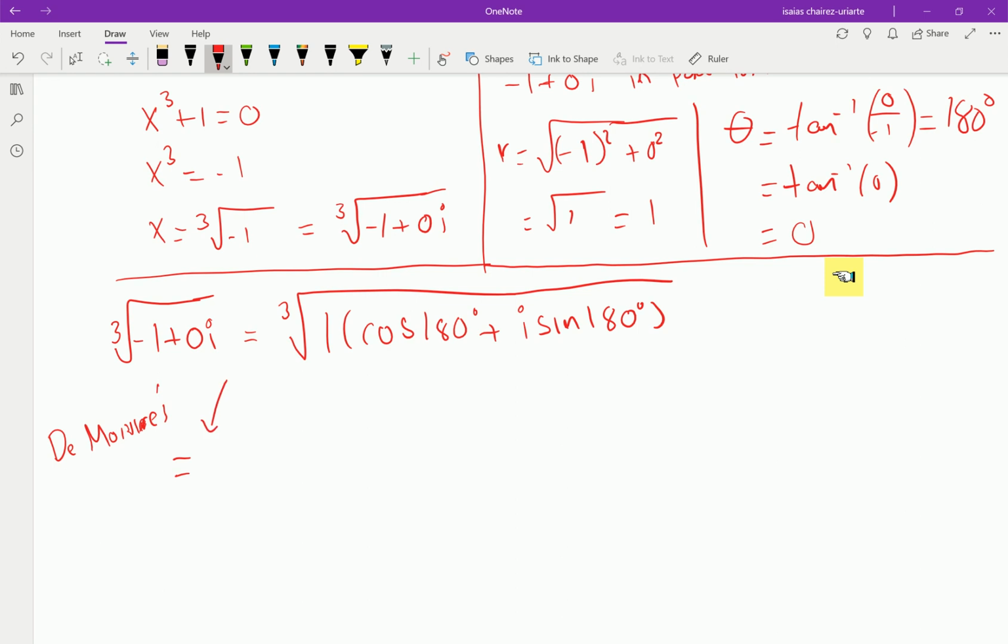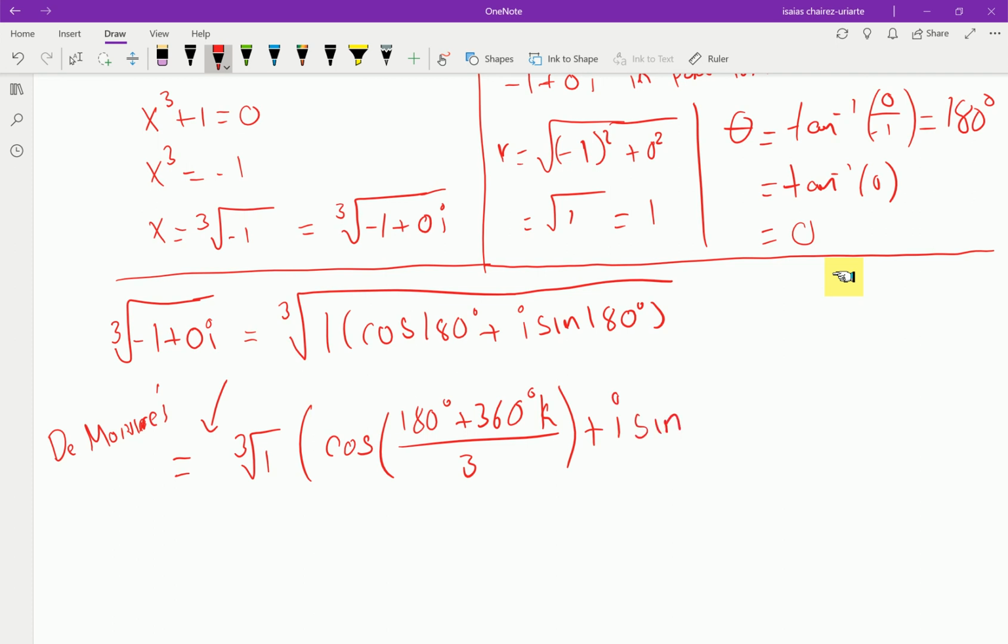According to it, this is the cubic root of 1 times cosine of (180 plus 360k) over 3 plus i sine of (180 plus 360k) over 3, and my k is going to go from 0, 1, and 2.